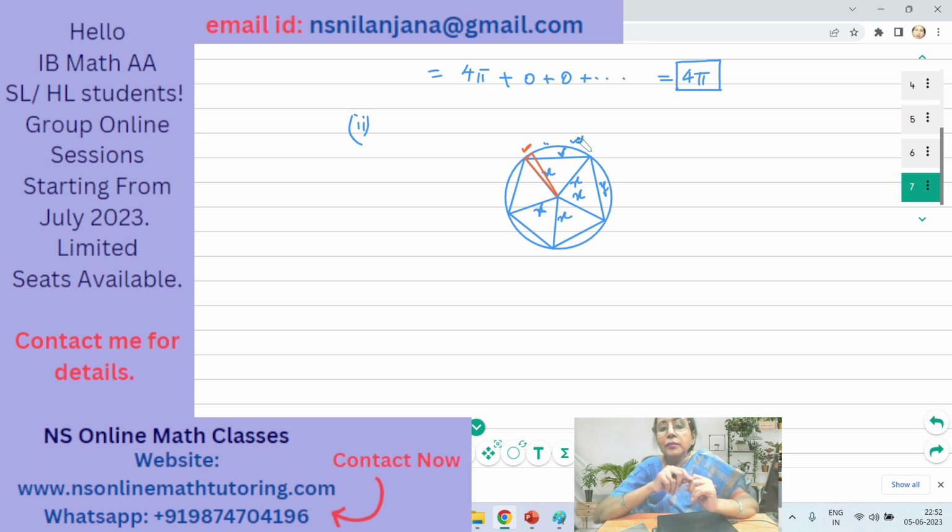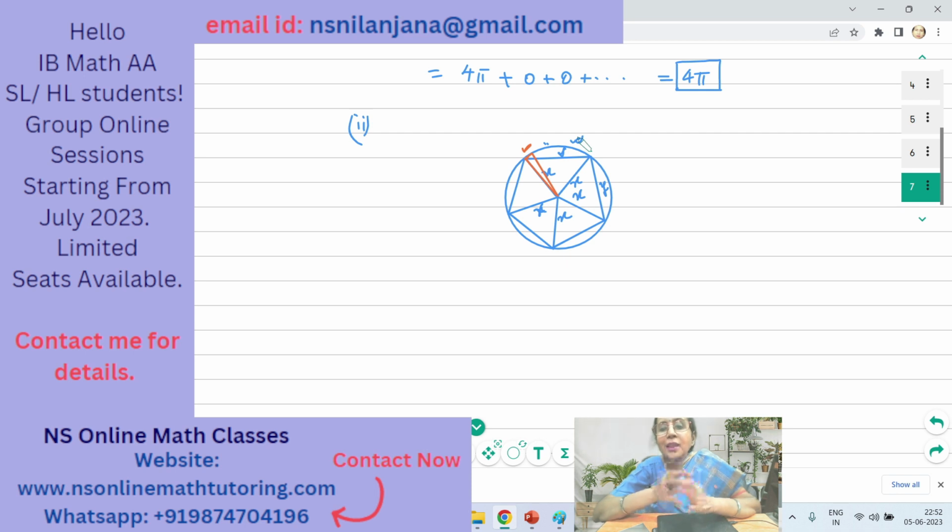Okay? And we know the area of the polygon is equal to the perimeter of the polygon. That is the condition that we are considering throughout this question number 2. So as n tends to infinity, we can say that the n-sided regular polygon is becoming a circle.